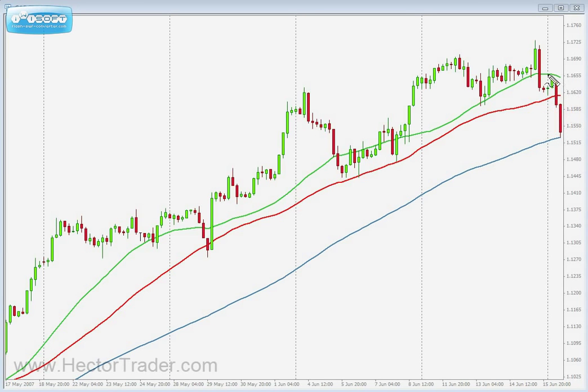Please pay attention, take note of those two long red bars with hardly any wicks at all. They are full bodied red bars, against the trend all the way back to the 100. They indeed touch the 100.